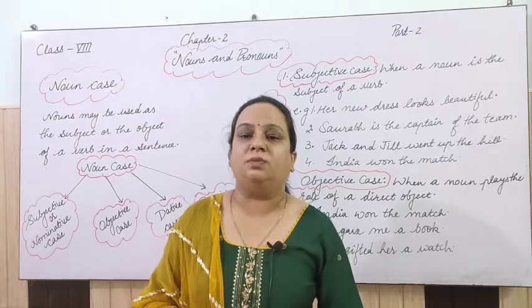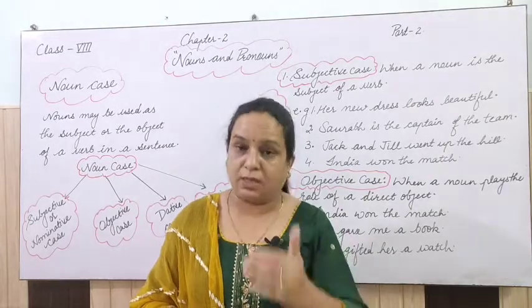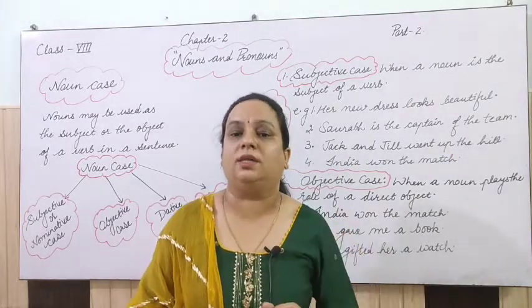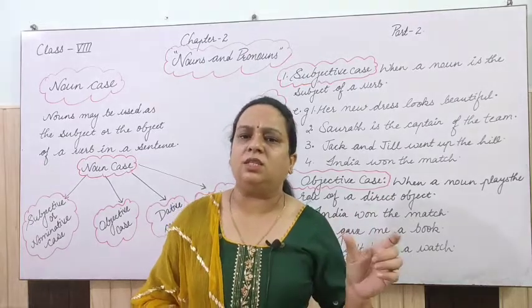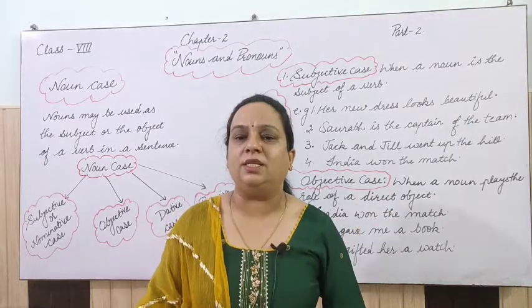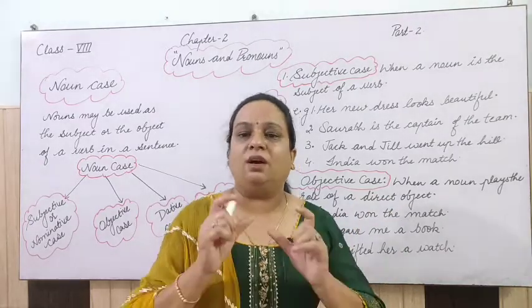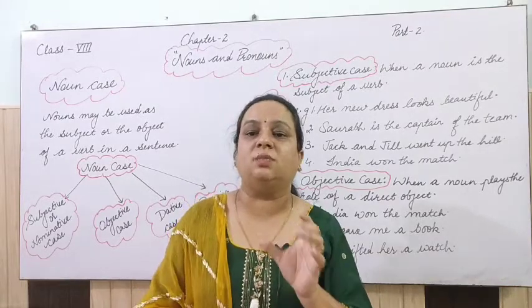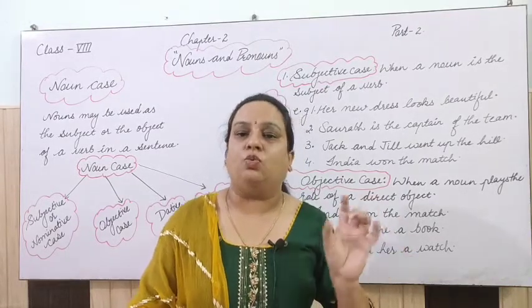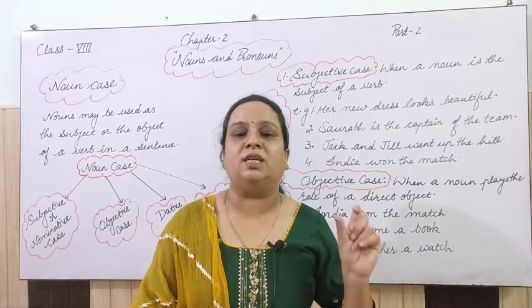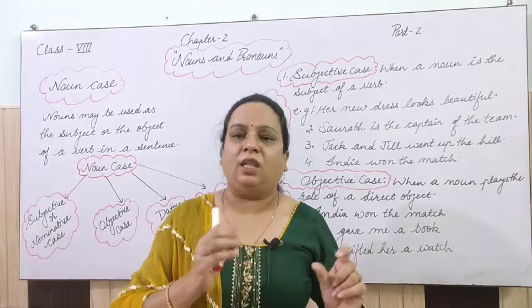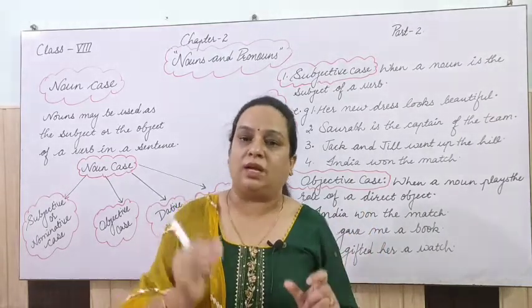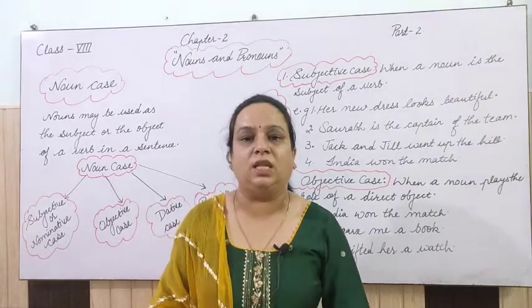What is the subject here? We are talking about her dress, and dress is a noun. So her dress is working as the subjective case here. When the subject is a noun in the sentence and works as the subject, that is the subjective case in the noun.